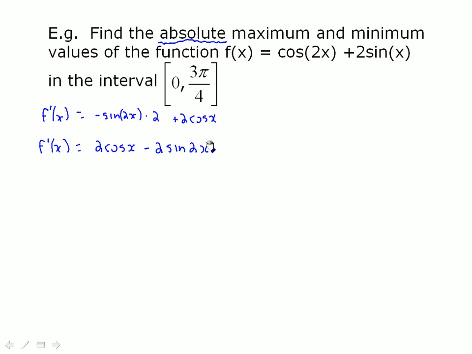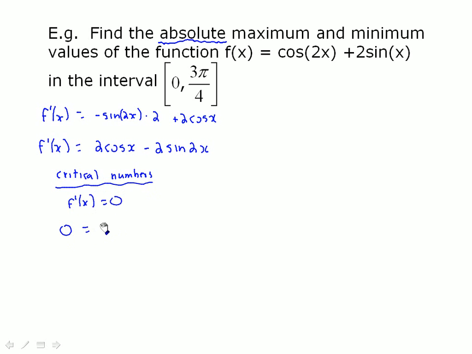Now, when you look at this, without thinking anymore, you think critical numbers, which is correct. We do need to get the critical number or numbers between 0 and 3 pi over 4. Now, those occur where the first derivative is equal to 0, principally, or where it doesn't exist.